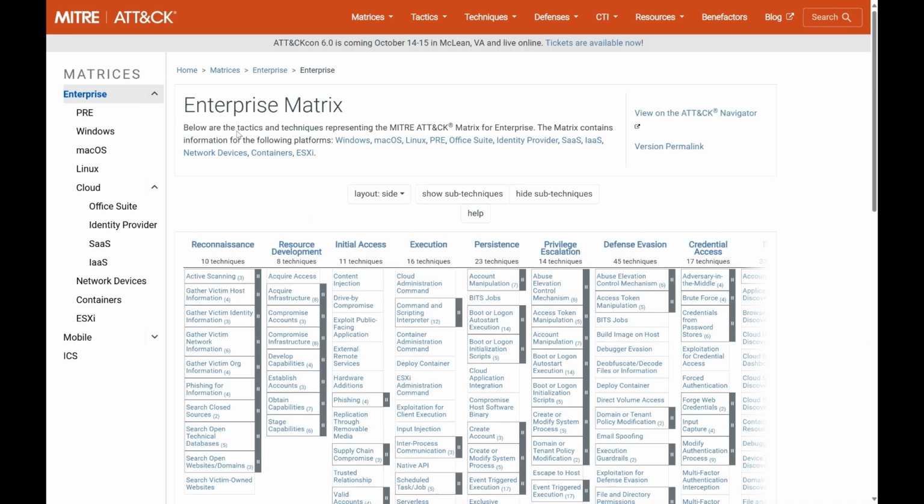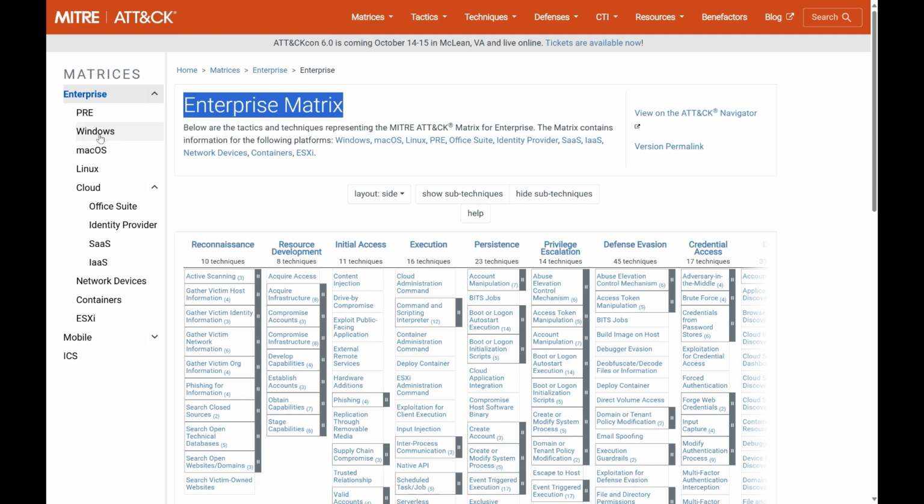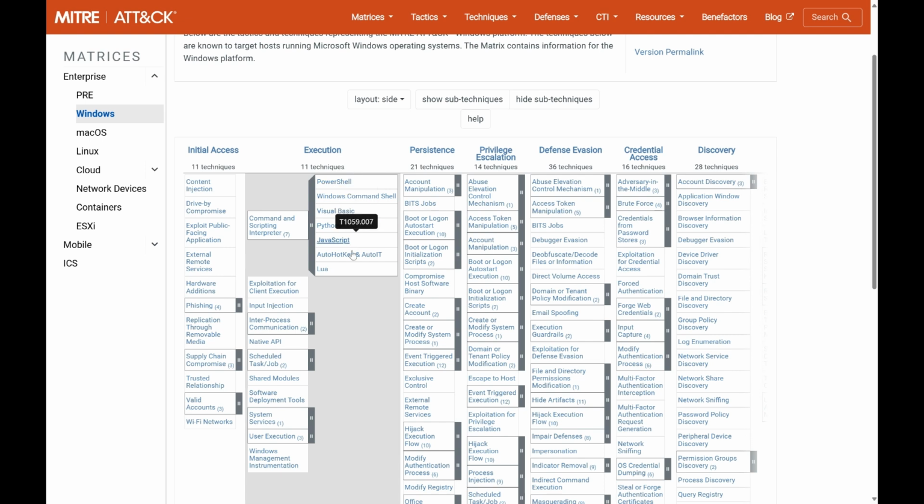And this is how the enterprise matrix looks for Windows. Cool, right? So these are the tactics, we have this many tactics, and these are the techniques and how many techniques we have available. Also, every technique has multiple sub-techniques.